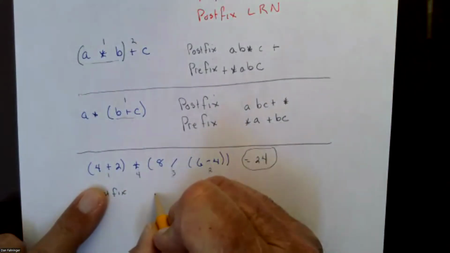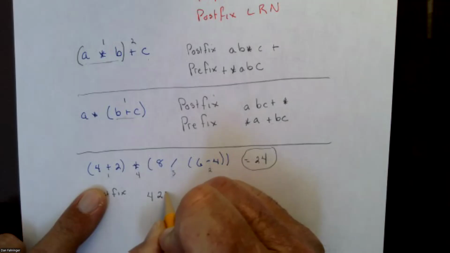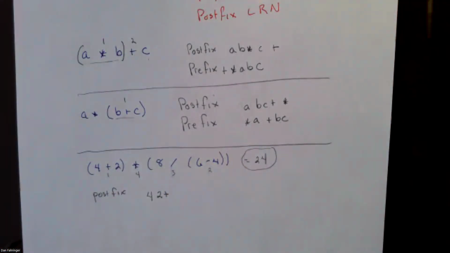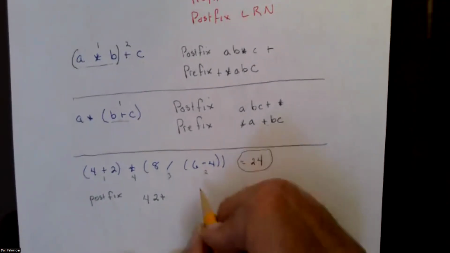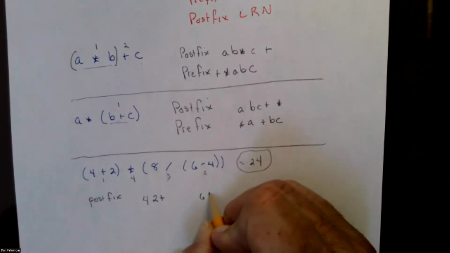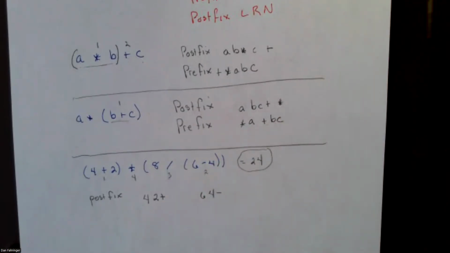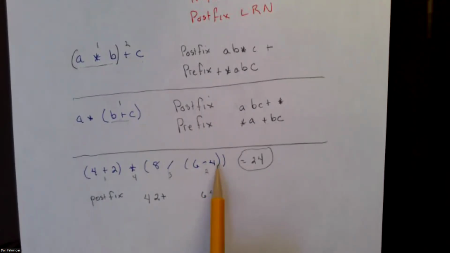Postfix. So this is going to be 4, 2 plus. Over here, this is going to be 6, 4 minus. Now I have 8 and blah.